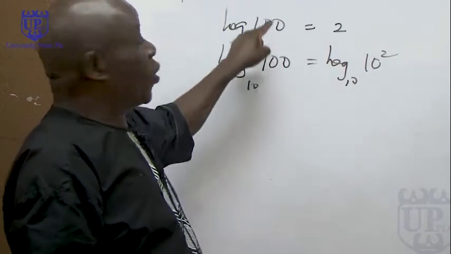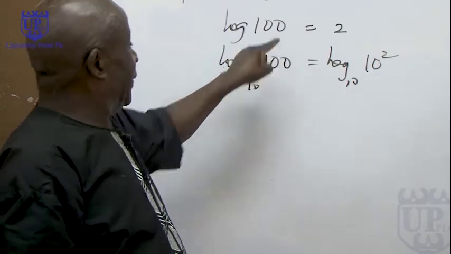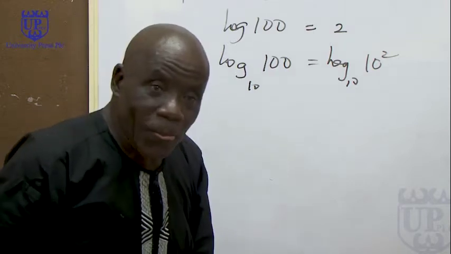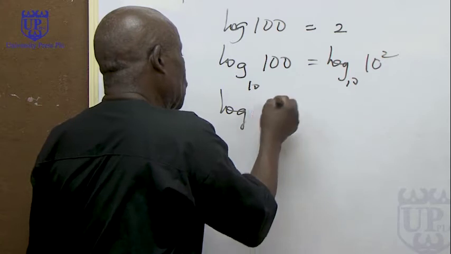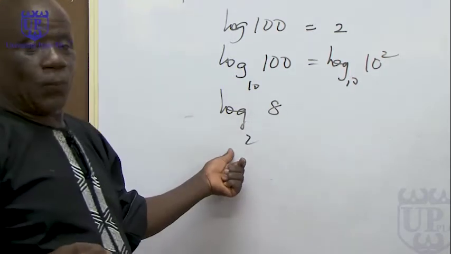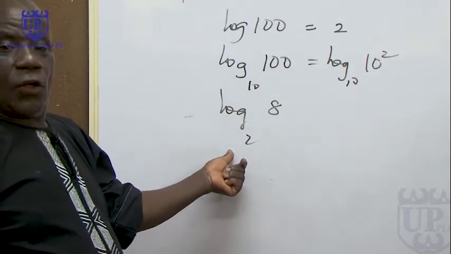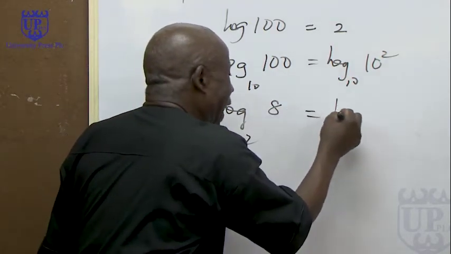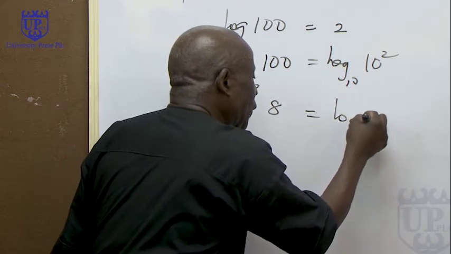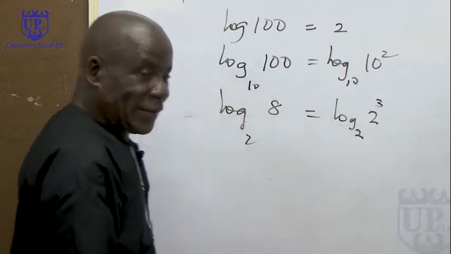That is why log 100 is 2. The same thing, log 8, because the base is specified as 2. Log 8 is the same thing as log to base 2, 2 raised to power 3. So log 8 is 3.